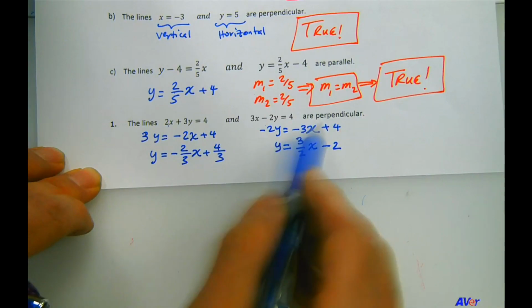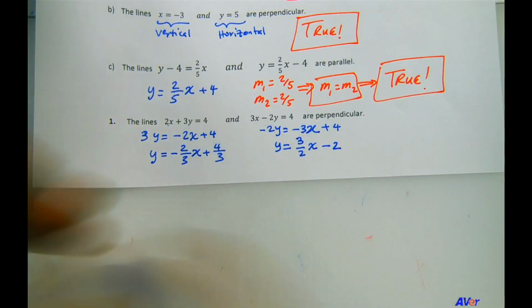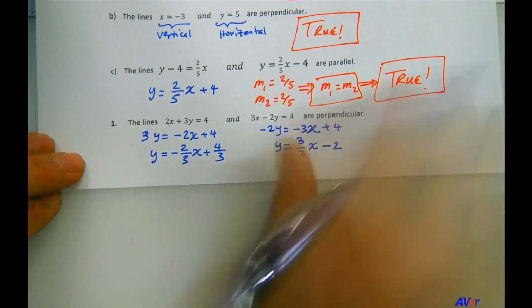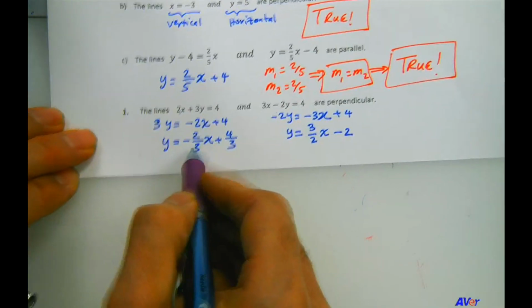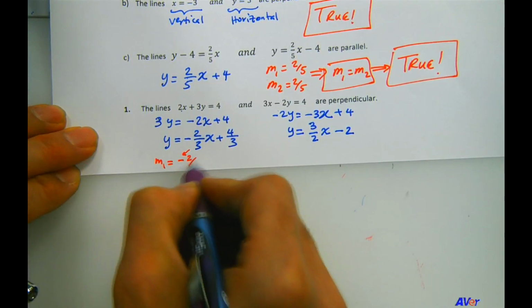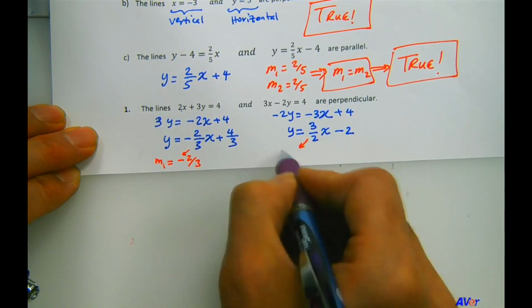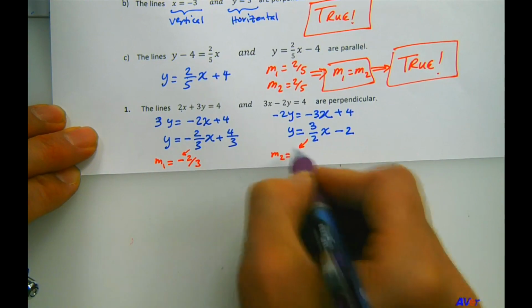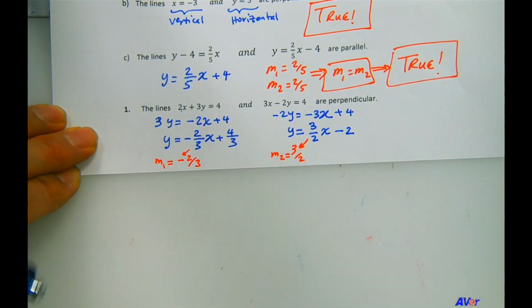So then if these two lines are perpendicular, then the slope of this line is m1 equals minus 2/3. The slope of this line, let's call it m2, is equal to 3/2. Right?